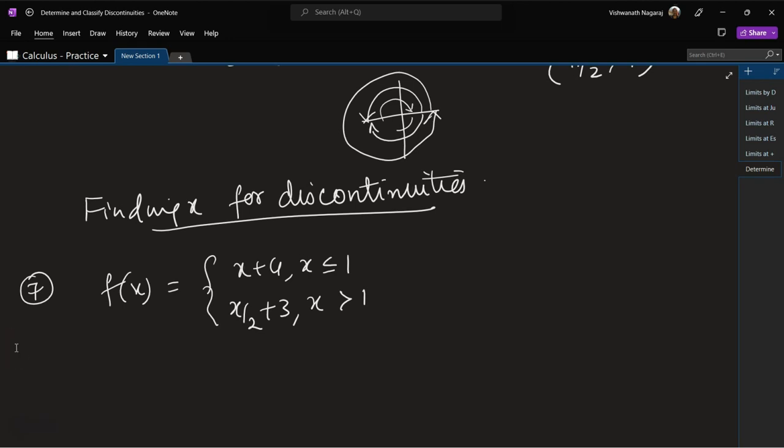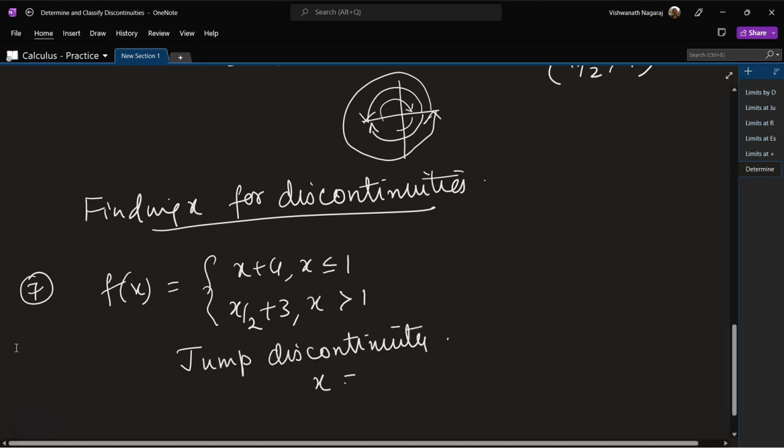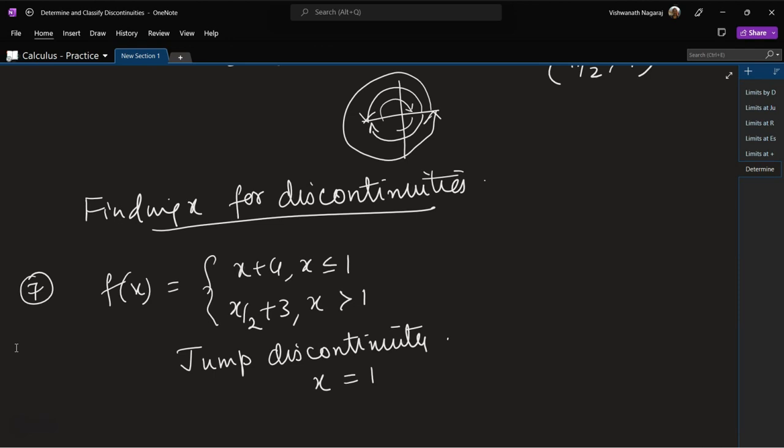So first of all, let's figure out what type of discontinuity. It is a jump discontinuity, and the discontinuity is at x equal to 1, because using the first, if x is equal to 1, f of x will be 5.